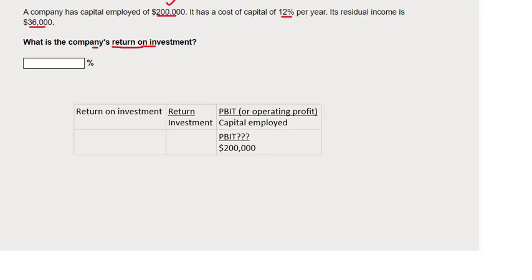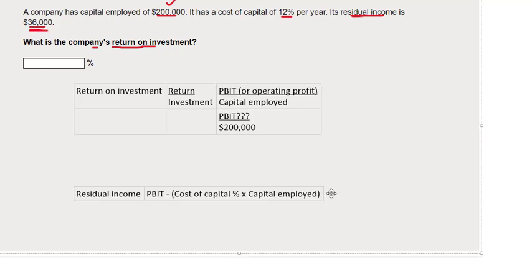Now, this is going to require our problem-solving ability. It's going to require us to use the residual income number here of 36,000 and to work backwards. So we'll need our residual income formula to start with. So there's my formula for residual income.